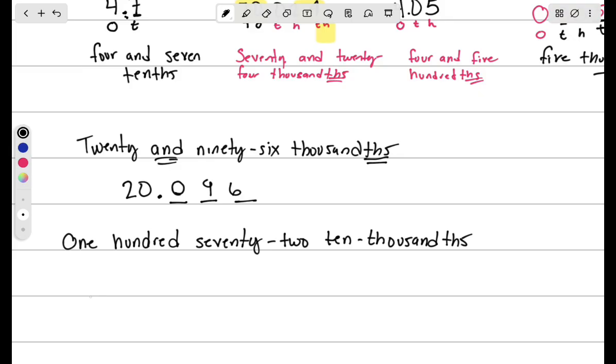It's going to start off with a decimal. It didn't say "and," but it says THS, so I'm going to start off with a decimal. And we need to know what's the 10,000ths place. So we got tenths, hundredths, thousandths, ten-thousandths. Where do we need to put that 172 so it ends on that last place we got? Last three. What do we put right here? There you go.